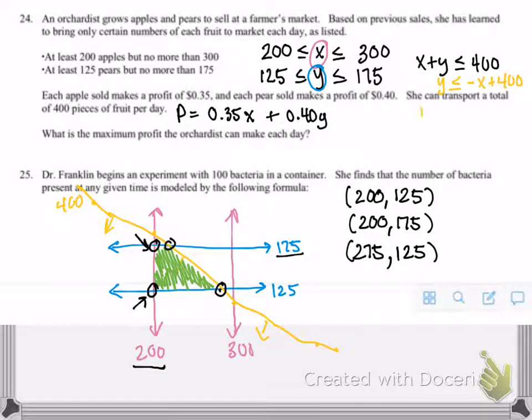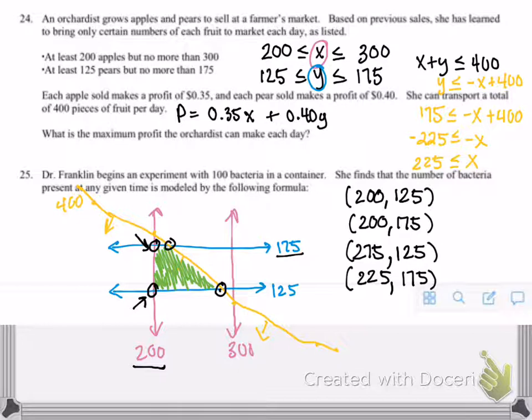I'm going to substitute 175 for y and solve for x by subtracting 400 from both sides, which gives me negative 225 equals negative x, and positive 225 is less than or equal to x. So my fourth and final vertex is 225 and 175.